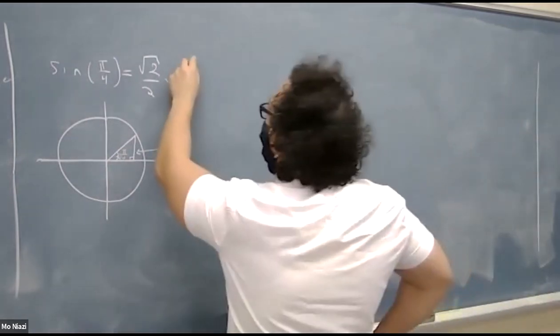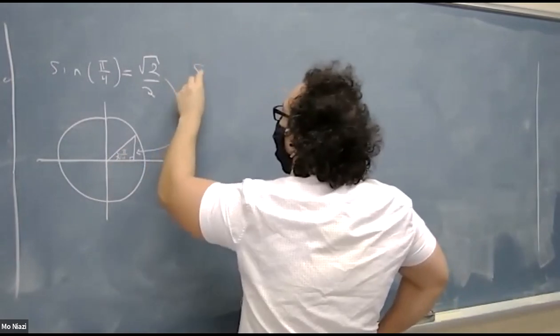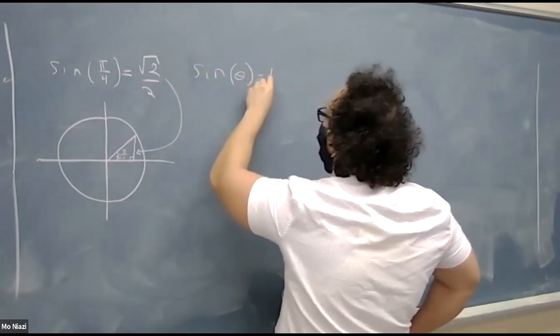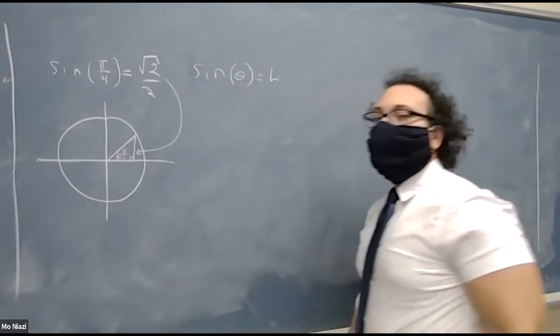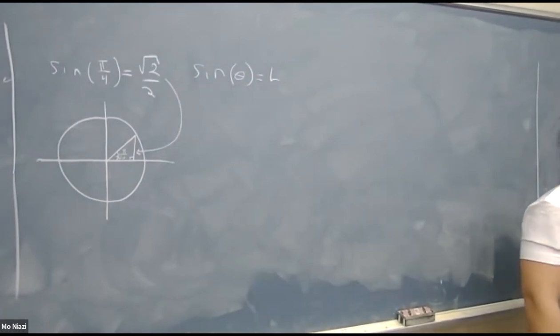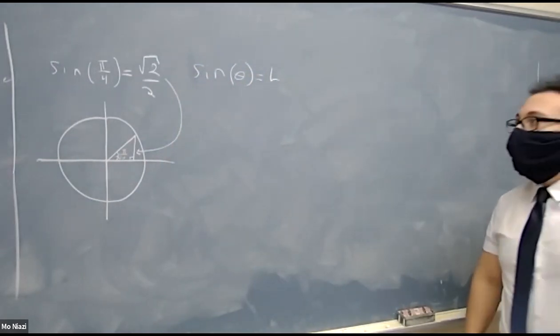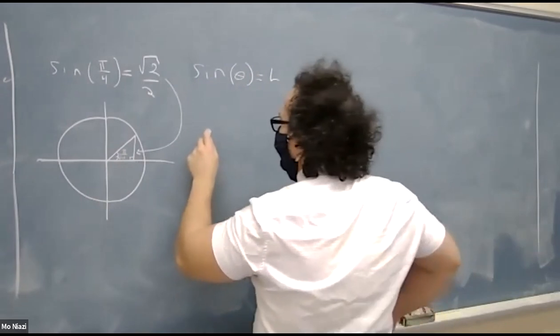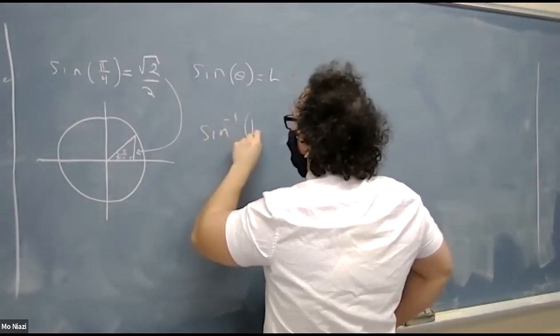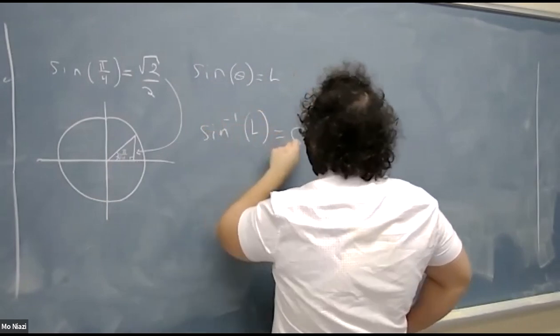So let's just write that in mathematical symbols. Sine of some theta is equal to L, a length, right? So that's why we're going to evaluate sine inverse of lengths, and they're going to output angles.